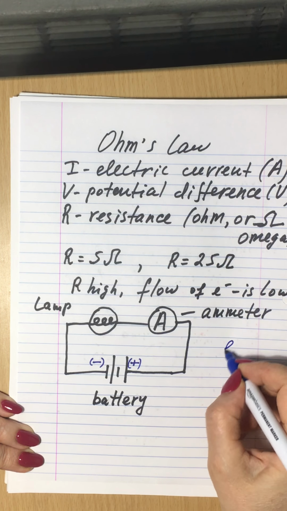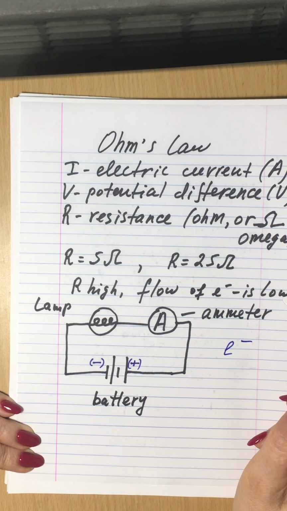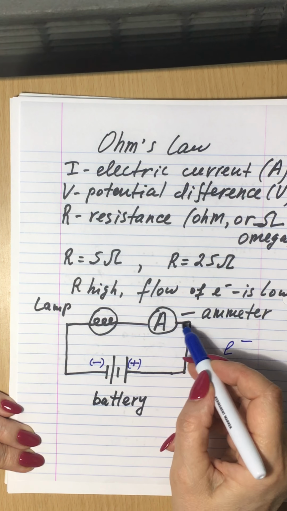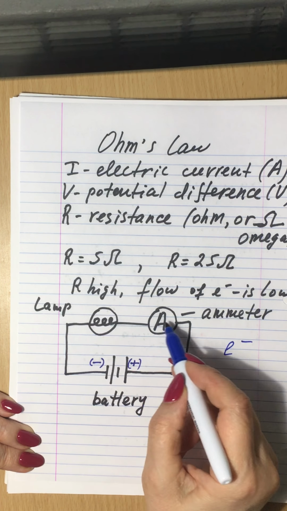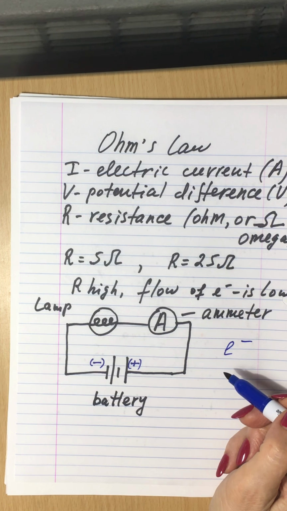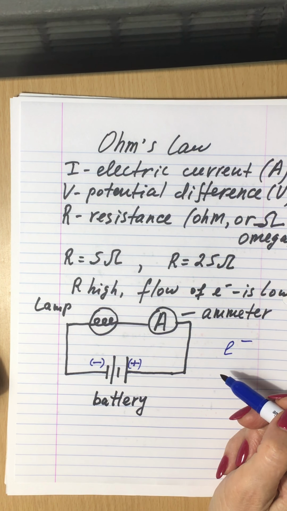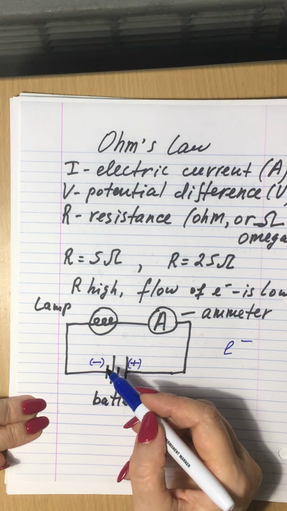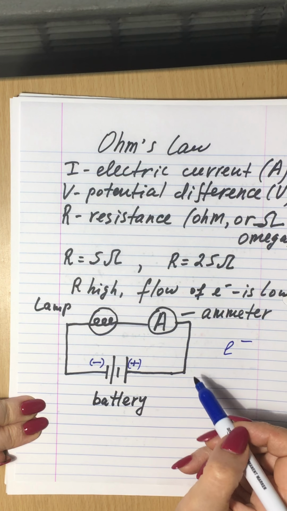So as you remember, electrons are negative charges, right? And these are connecting wires, which are made of metal, usually copper, and they have a lot of free electrons.